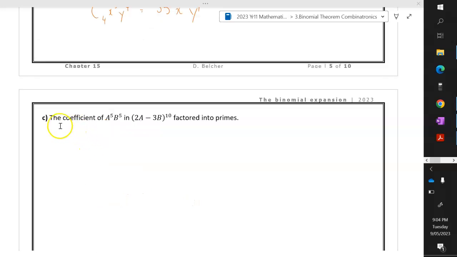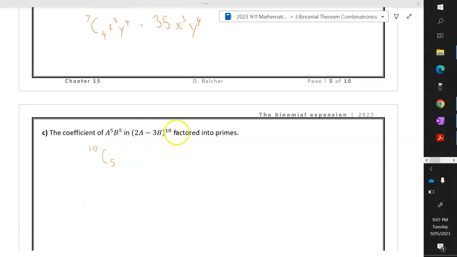Okay, so this next one's a little bit harder. It's asking us to find the coefficient of a^5 b^5 in (2a minus 3b) all to the power of 10. So we can do that, and then it wants it factored into primes. So let's not worry about the factored into primes part first. Let's just look at the coefficient of a to the 5 and b to the 5.